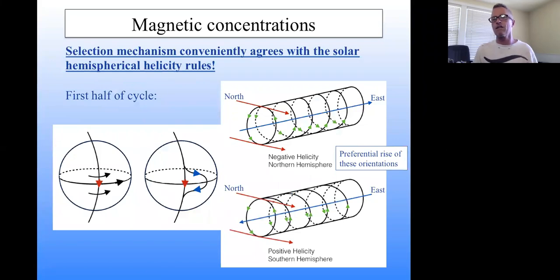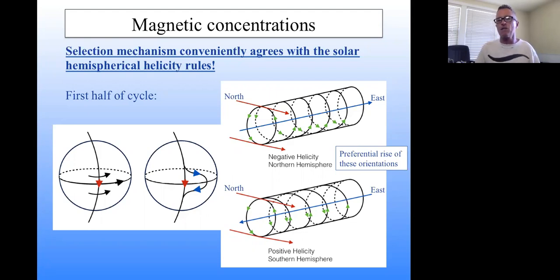And it turns out, and I don't want to explain this diagram because it will take me too long right now, but if you consider this in the solar context, then the mechanism we just talked about agrees with the solar hemispheric helicity rules, which was shocking, but surprising, but very interesting.